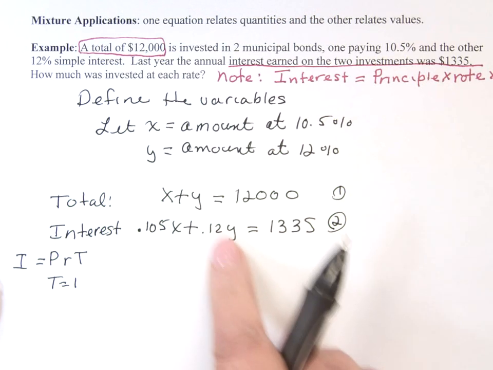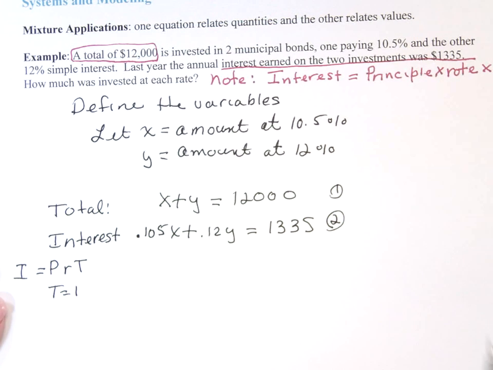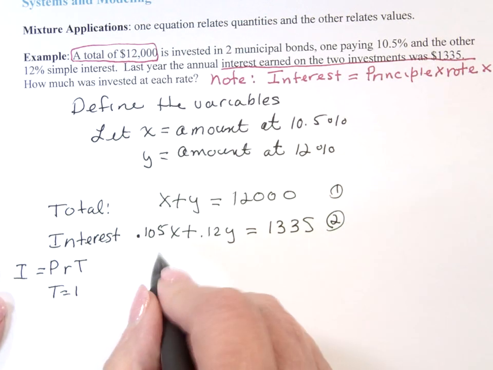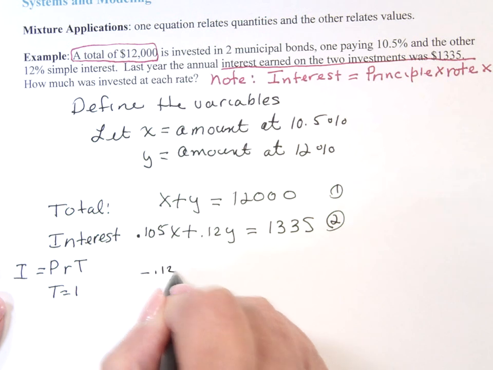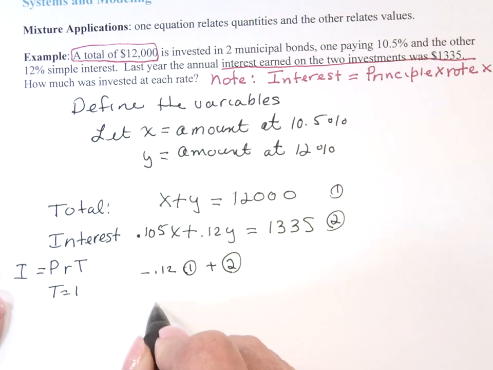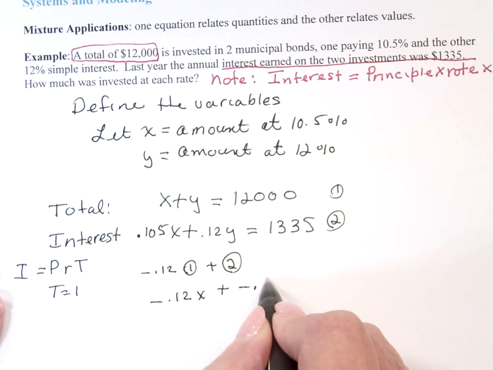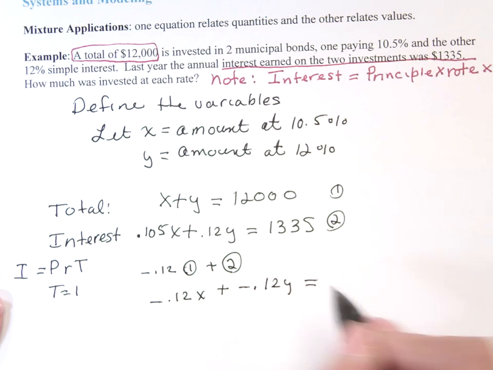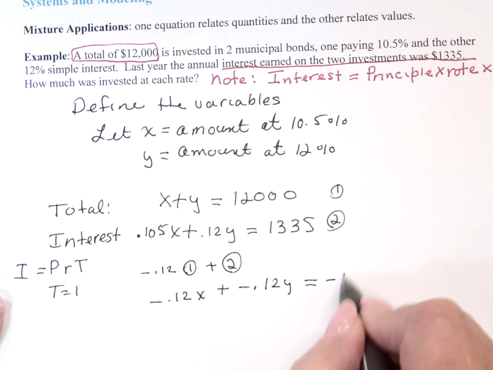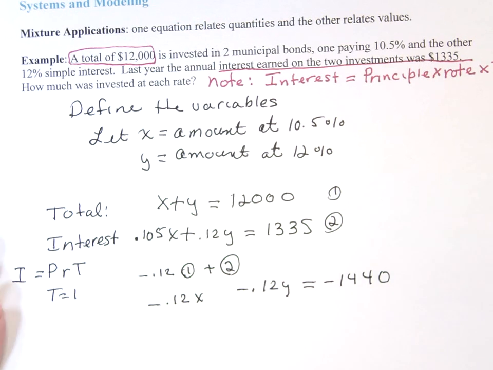I decided to eliminate Y since I didn't have 3 digits. So I chose to multiply negative 0.12 times the first one and add it to the second one. So I get negative 0.12x plus negative 0.12y equals negative 1440. That's negative 0.12 times, and since that's a plus, this turns into a minus.